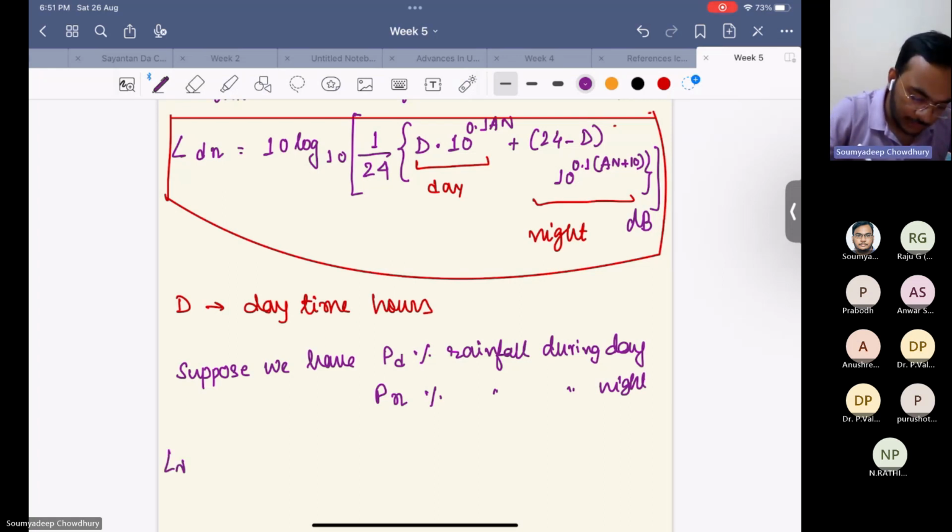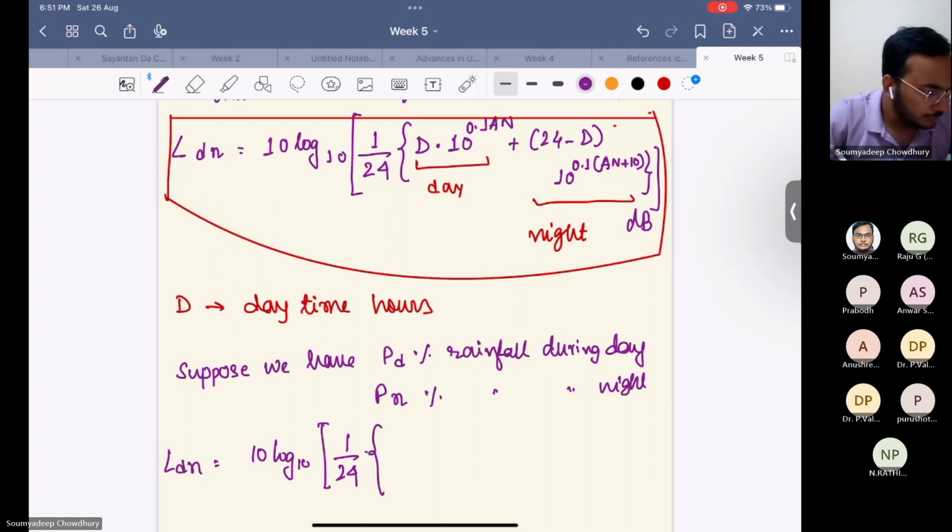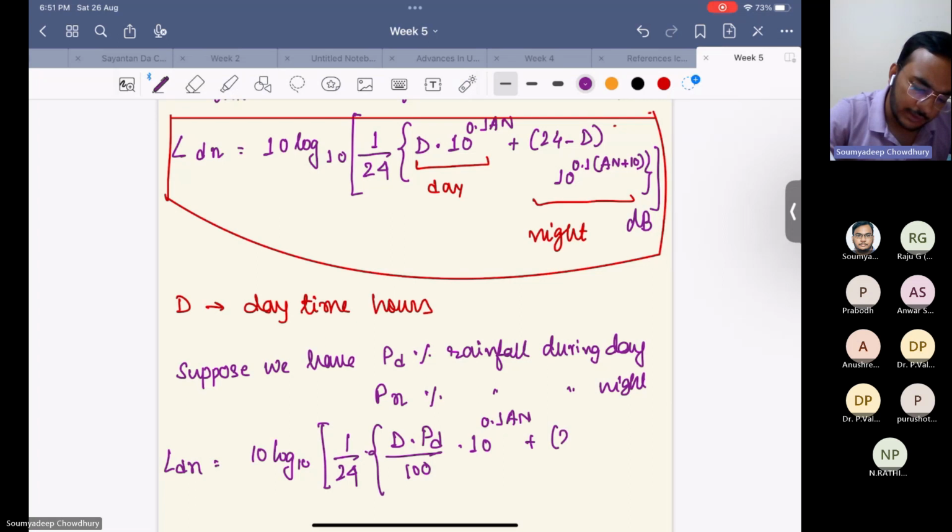So our total will be 10 log 10, 1 by 24 into, in place of D, it will be D into PD by 100, 10 to the power 0.1 AN, plus 24 minus D into PN by 100 multiplied by 10 to the power 0.1 into AN plus 10 in T. Just this term will come extra.